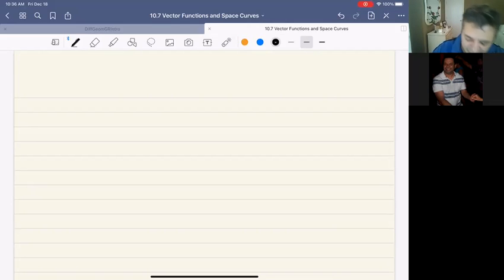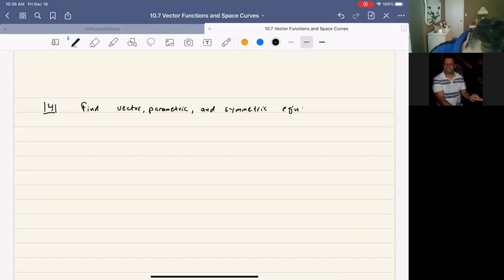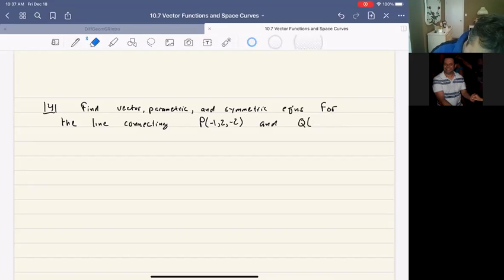There's actually 14 in the section, and we're going to find the vector, parametric, and symmetric equations for the line connecting P being (-1, 2, -2) and Q being (-3, 5, 1).